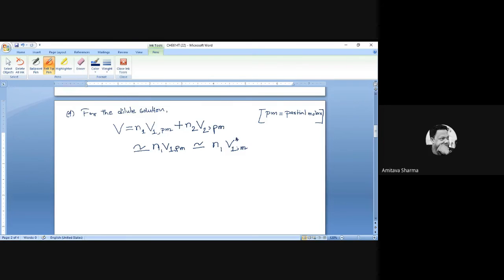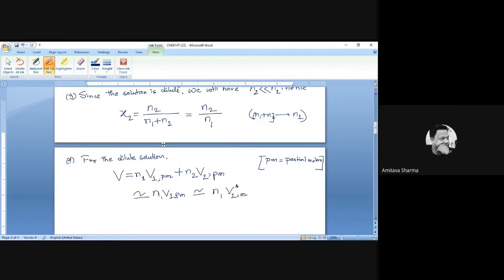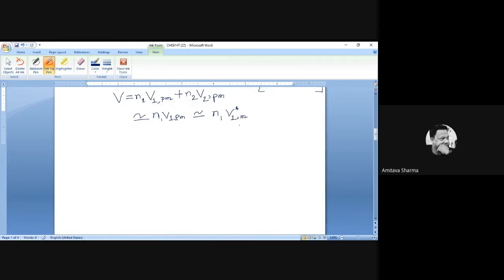We will not say partial molar quantity right now because the amount of solute present in the system we have neglected, as N2 is much smaller than N1. So only the first term of the equation remains. This is 5.